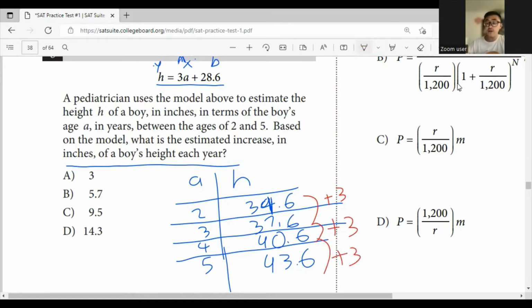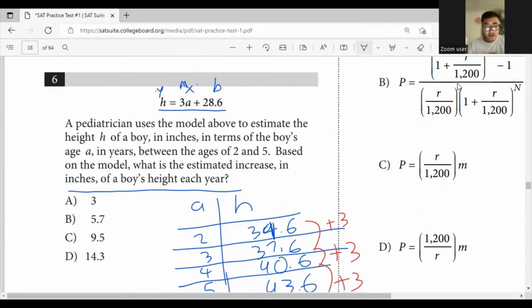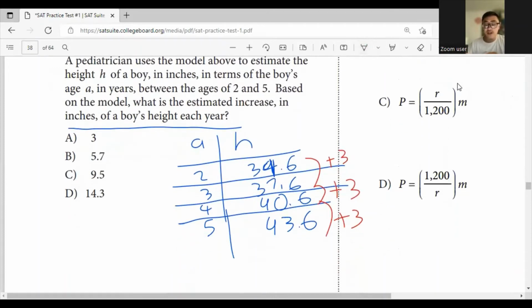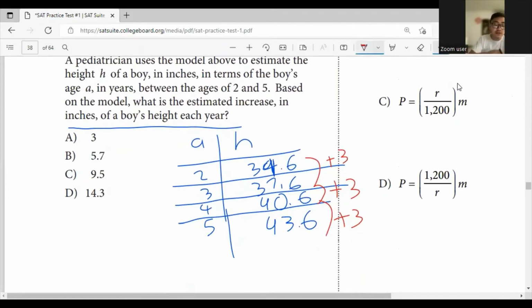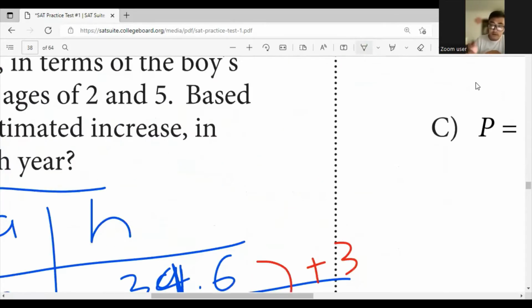In a linear equation, the m is your rate of change. So it's asking what is the estimated increase, which is the rate of change of the boy's height each year? It's just 3 inches. The answer is A. So really the table is here to help you visualize how this is working. But if you know how linear equations work, this equation is just really asking you, what is the slope?